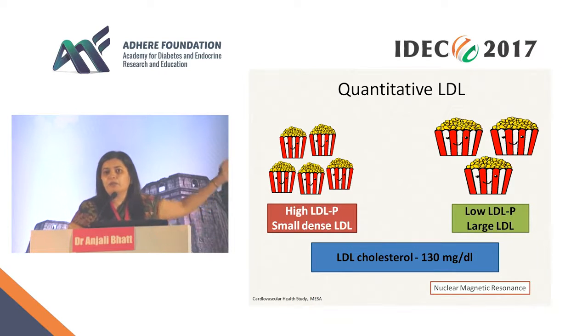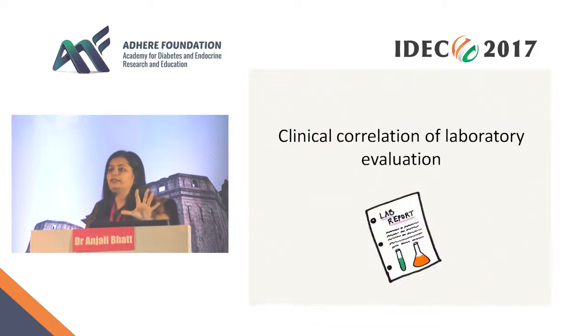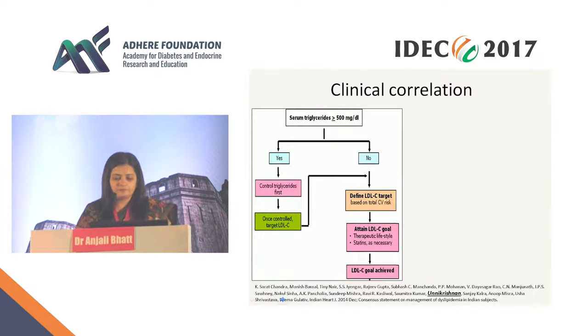Because these are smaller and more dense, they can go through the endothelial lining. As the number of particles increases and the size of the particle reduces, it is worse amongst the same mass of LDL cholesterol. So even if both of them have the same mass, the particle size and the particle number do not.